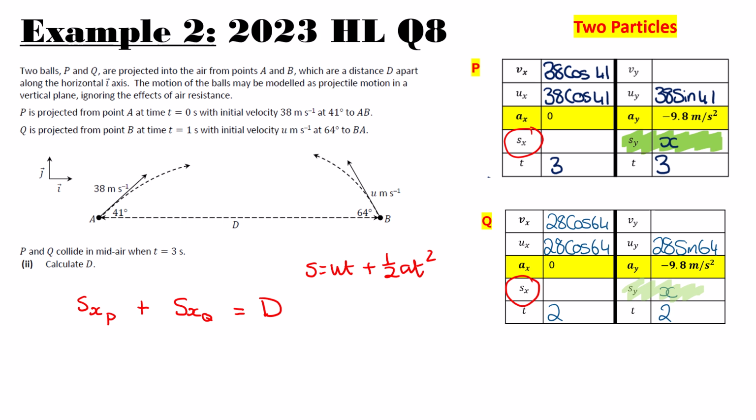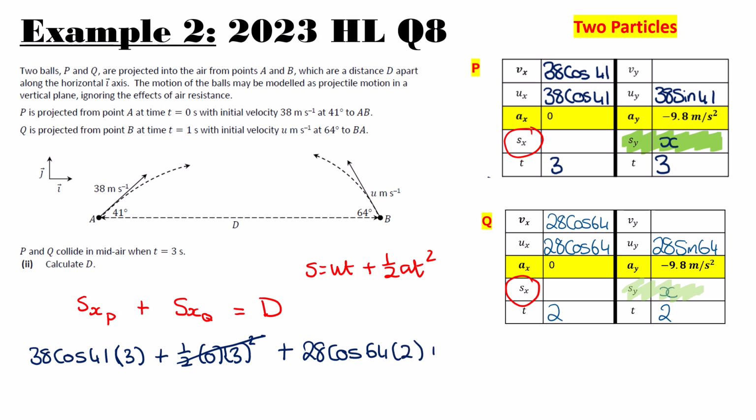So we have S is equal to U, so 38 cos 41 times T, which is 3, plus a half AT squared, that's all going to disappear, plus our S for X for Q, which is 28 cos 64 times 2 plus a half times 0, 2 squared, which again, that's gone.